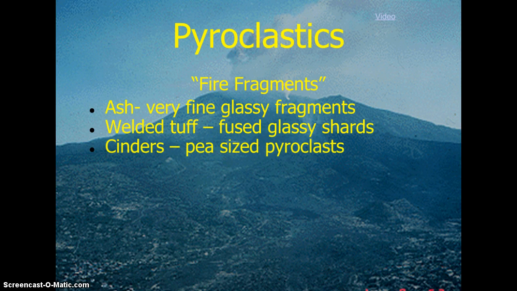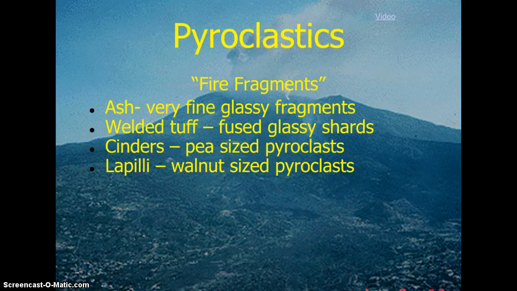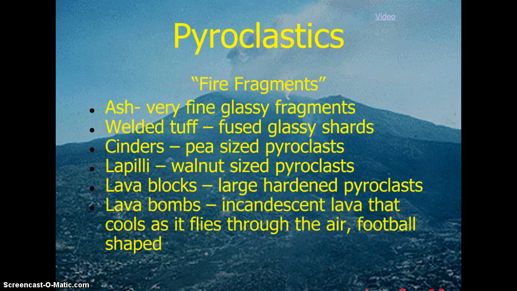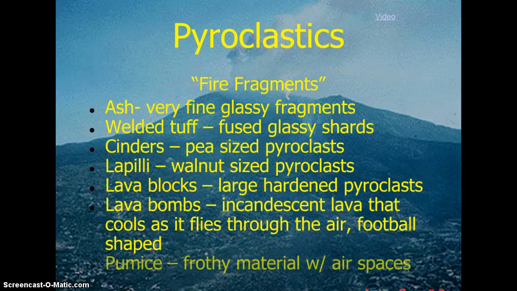Cinders are pea-sized pyroclastics. Lapilli is walnut-sized, so you can imagine getting hit on the head by that. Wouldn't feel so good. Lava blocks are just sort of variable-sized, large blocks of stuff coming out of a volcano. And lava bombs are these football-shaped, incandescent lava blocks that are thrown out.